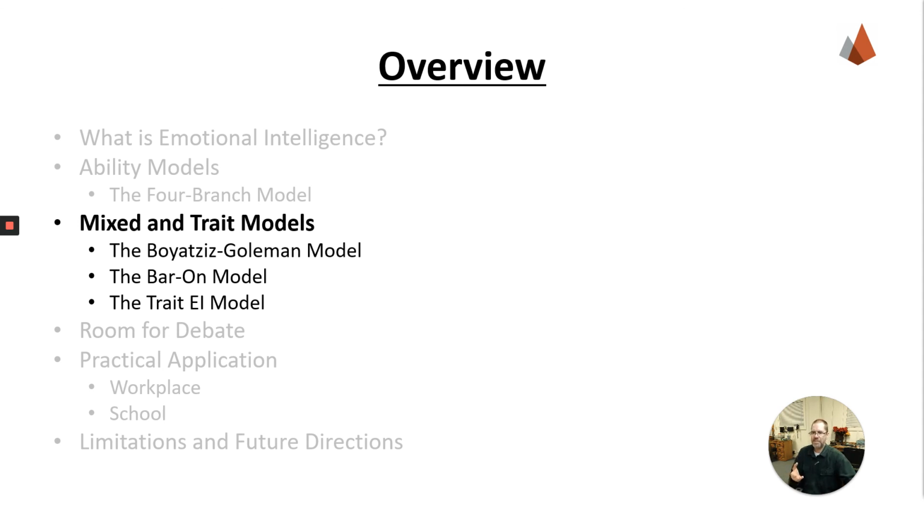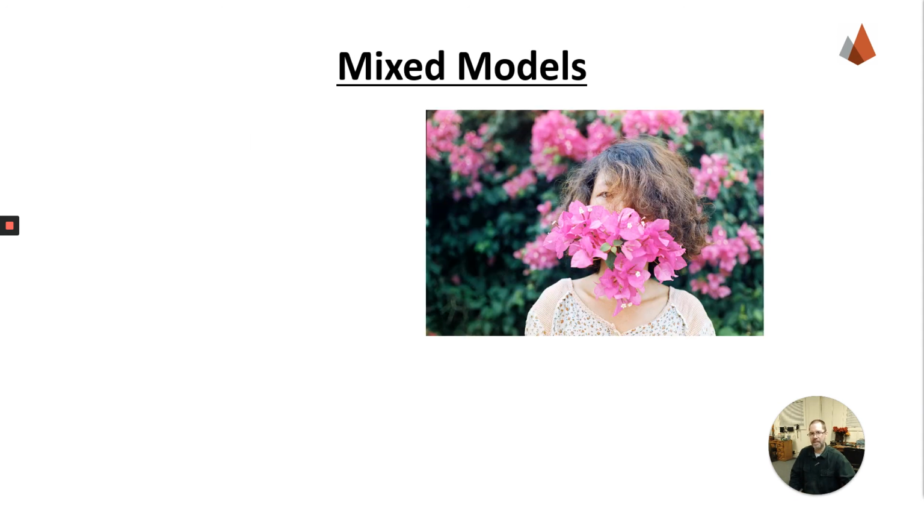So what about the mixed and trait models? You use the ability models, and we see some sense of that. Mixed and trait models then as well. We have the Boyatzis-Goleman model. We mentioned Goleman before.